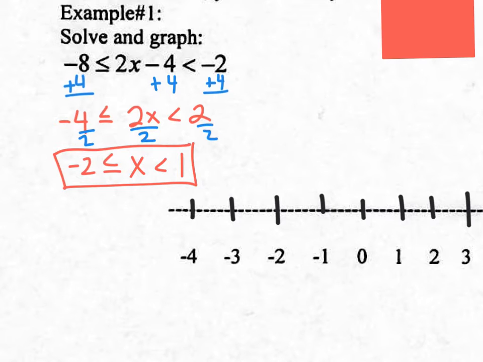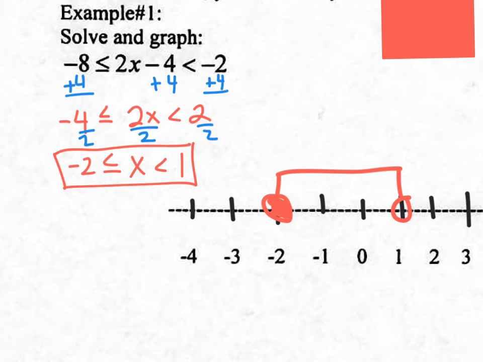You already know it's going to be together, right? So you could go to the value of negative 2. Is that going to be an open dot or a closed dot? Closed dot. So let's fill that in. The value of positive 1, is that going to be an open dot or closed dot? Open. All right. Now we already said it's going to be a closed area, so you could just do that. You're done.